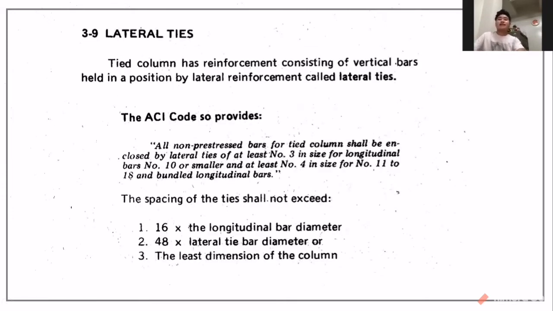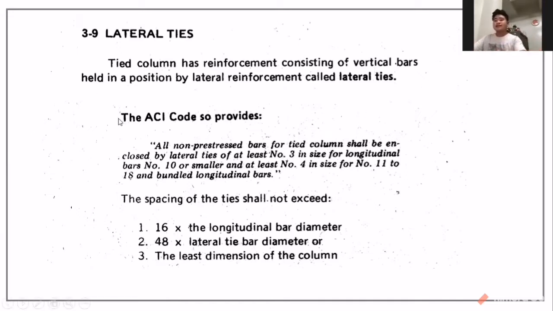Okay, lateral ties. Tied column has reinforcement consisting of vertical bars held in position by lateral reinforcement called lateral ties. So these are the ones you need to hold the steel bars.